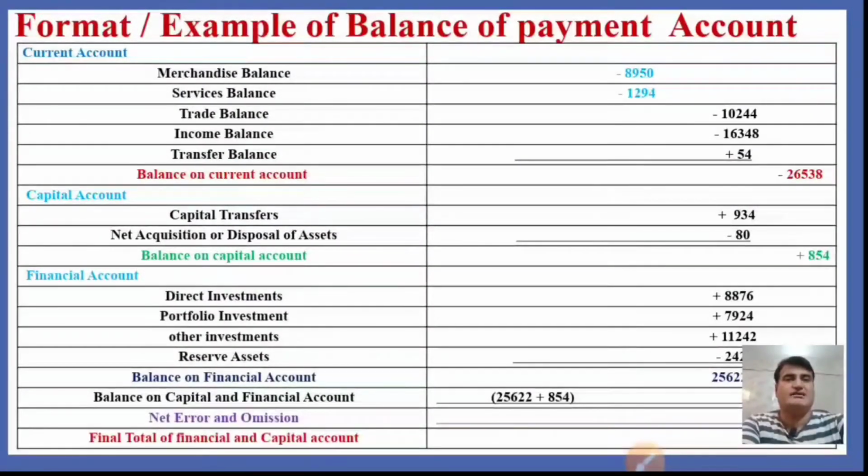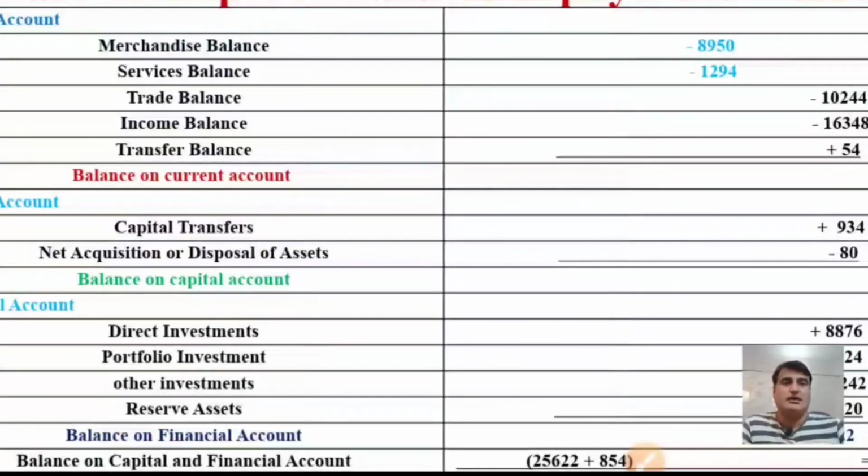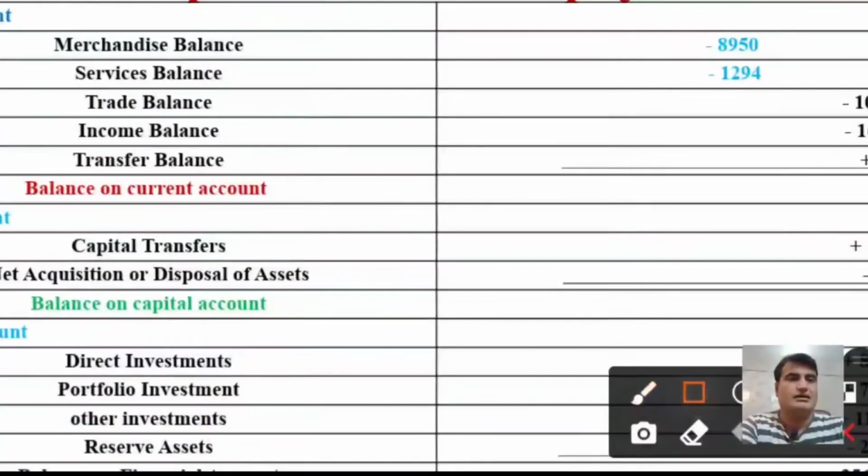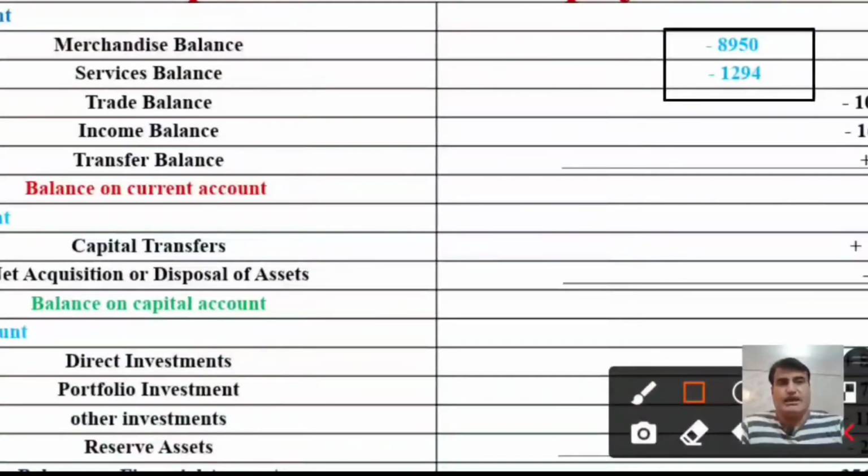You can see here balance of payment consists of the current account, and the current account is the sum of the merchandise balance, service balance, trade balance, income balance and transfer balance. This is the merchandise balance, which is a negative amount, $8,950 million. The value of import exceeds the value of export, and the service balance is also negative, $1,294 million.